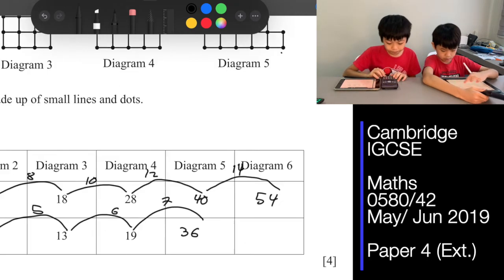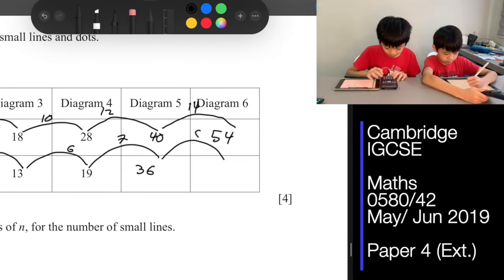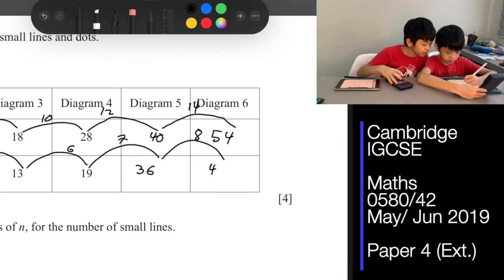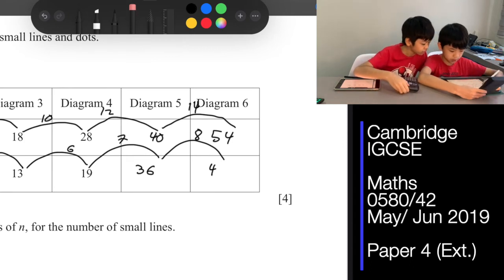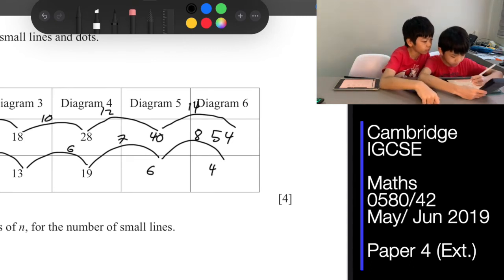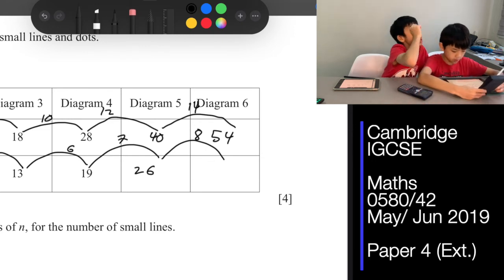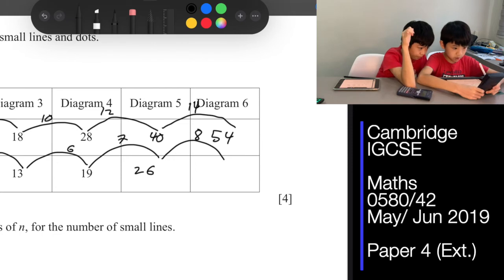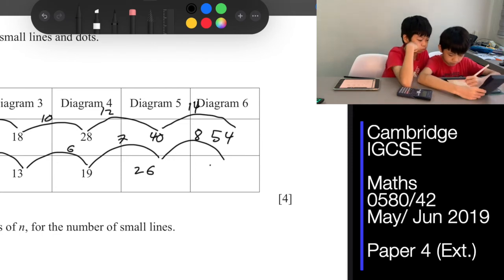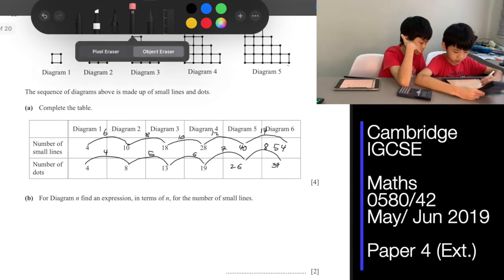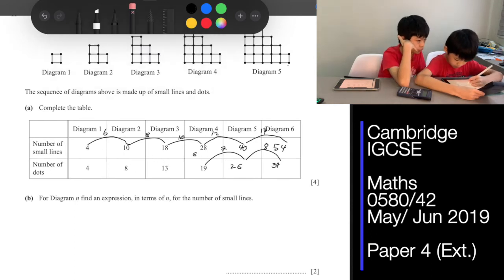And then here should be 8, 44. Oh wait, 26. And then here should be 26 plus 8 is 34. Okay, now we have completed the table.